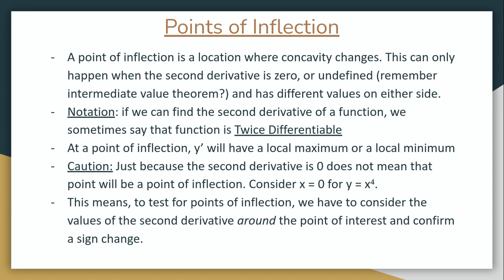So if concavity changes when the second derivative changes from negative to positive, that can only occur when the second derivative is 0 or undefined. It's the same logic as the first derivative thing we did earlier. I hope that's not too confusing. No, that makes sense.